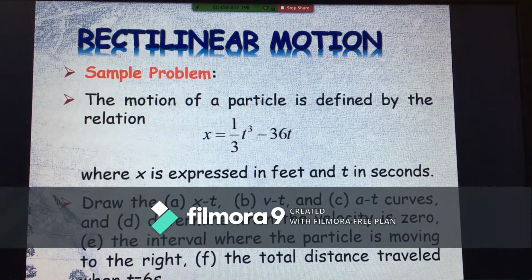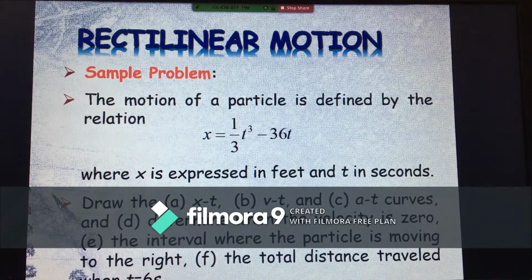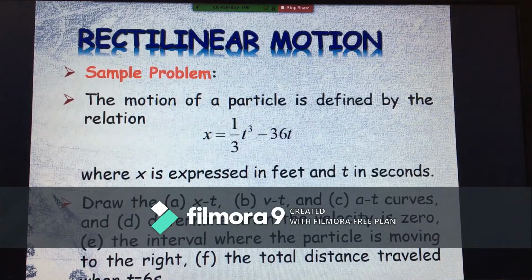So for A, you have to draw the x versus time. And B, x is the position or the distance covered or traveled by the particle, and B is velocity versus time, and C is a, or the acceleration versus time. So you need to draw or graph the following curves.